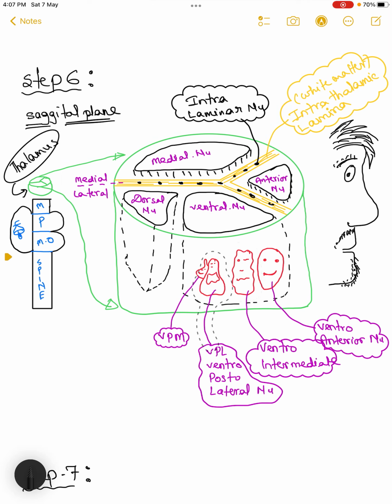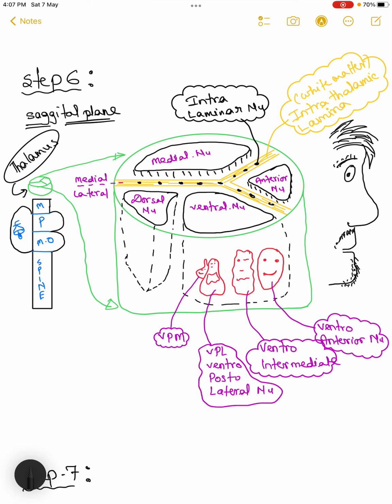Also known as VPL, in short, ventro-posterolateral nucleus. Now when you encounter the word lateral, come to here. These two nuclei are located laterally and medially. The big one is located laterally and the small one is located medially.